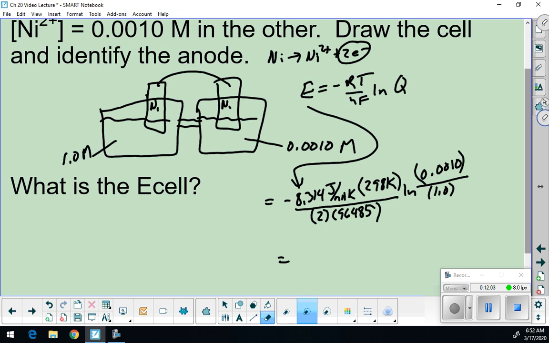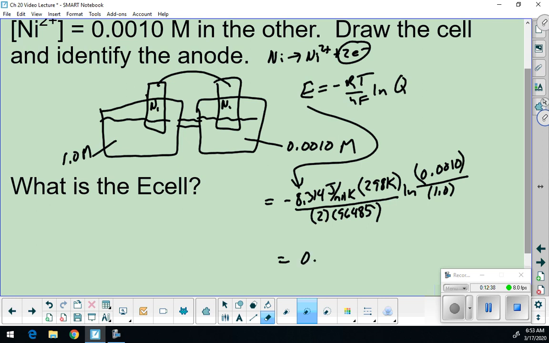By the way, if you're getting a negative value, you did something wrong because there should be a driving force here, right? Natural log of 0.001 divided by 1, times 298 times 8.314 divided by 2 divided by 96485, and I get a negative, but then it's a negative.